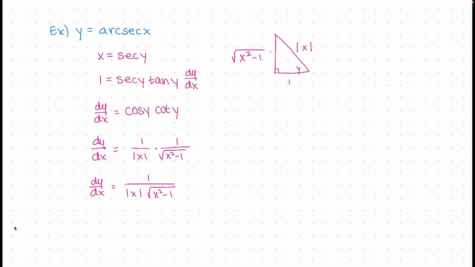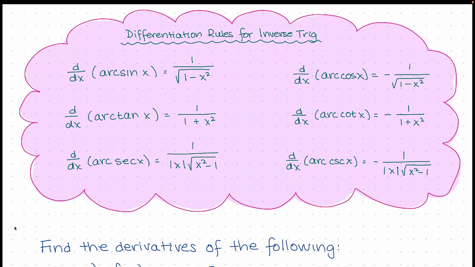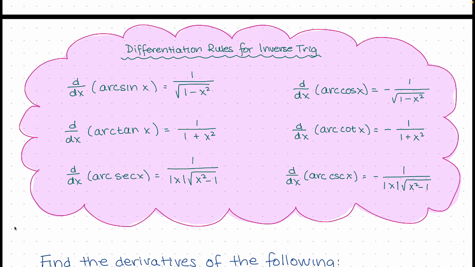Anybody still need this? All right. So here they are. I'm just going to do a quick check, since I had the mistake up above. Yeah, everything's correct there. So there they are. There are the derivatives to know. And like I said, if you look at the derivatives on the left versus the ones on the right, all the cofunctions are the same thing as their counterparts, just negative.